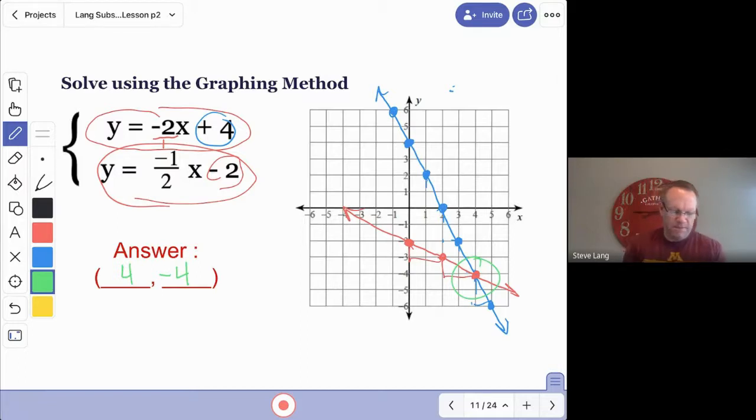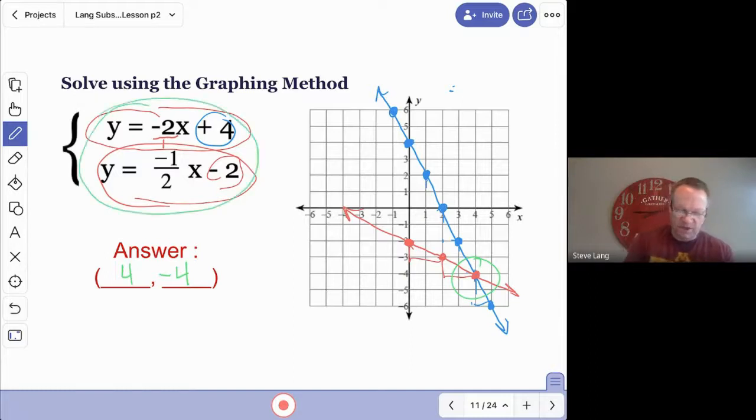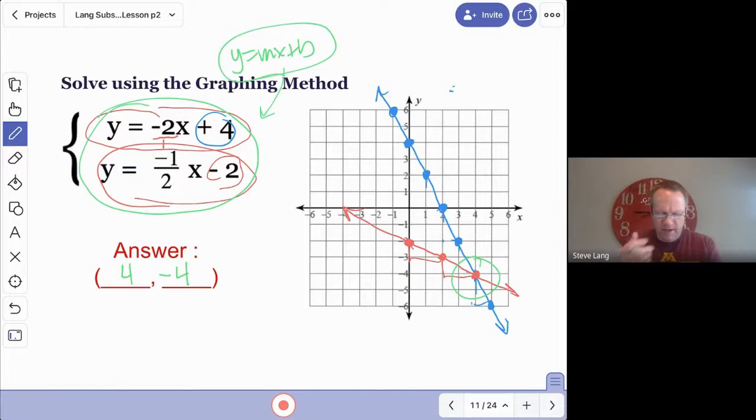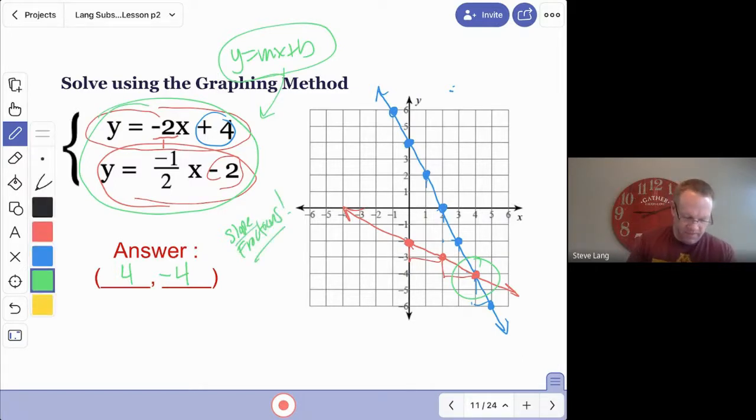This is a great method to use as long as the equations are written in this graphing form. Okay. So as long as they're written in y = mx + b form, graphing is a great method to use. It's also really good to use if the slopes are fractions. Okay, so like because this equation had a fraction for the slope, it's probably best to use graphing.